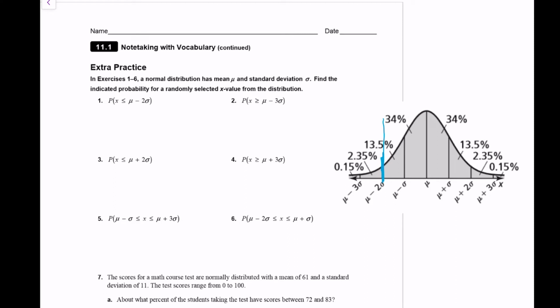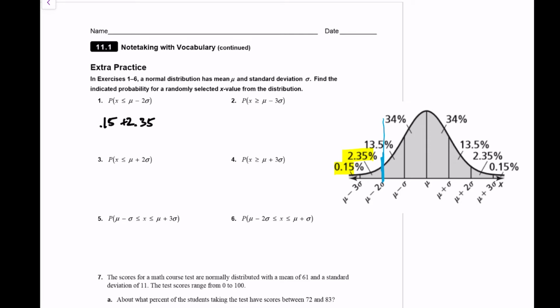And what it's saying is, what's the probability of a value being less than mean minus 2 standard deviations? And so what I'm going to need to use are these two numbers, 0.15 and 2.35. Both of those combined together will equal the probability that we're looking for.